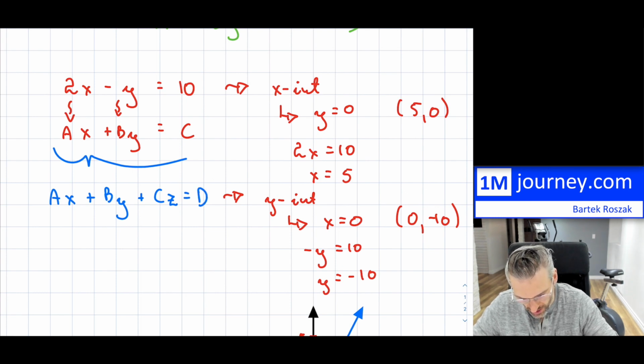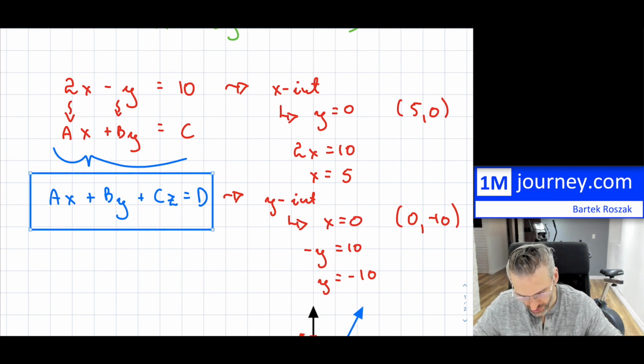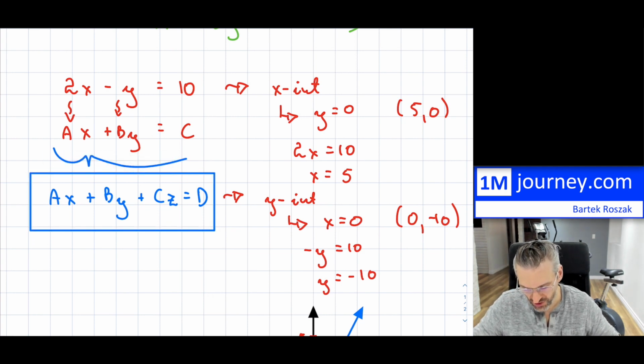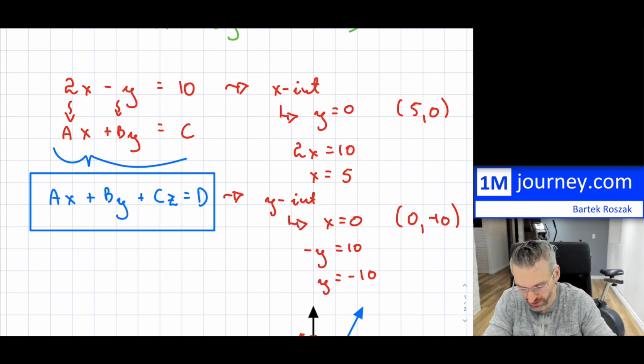If I tried to figure out that this is going to be a line, I would be mistaken. This actually plots out a plane for me in 3 dimensions.